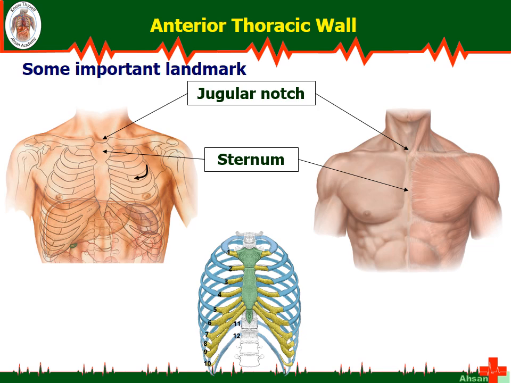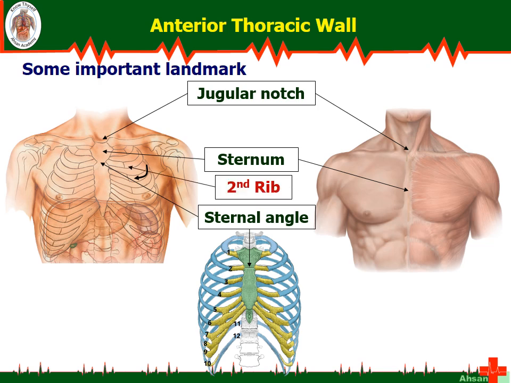The ribs are attached to the side of the sternum, and this part indicated by the arrow is a bit elevated, which is known as the sternal angle. This sternal angle is especially important for physicians as a landmark, so that they can identify different parts of the thoracic wall.